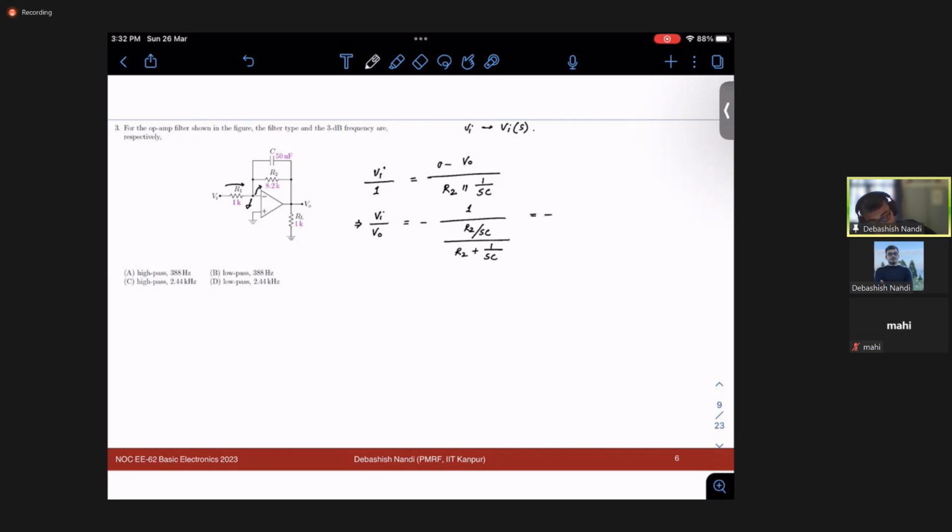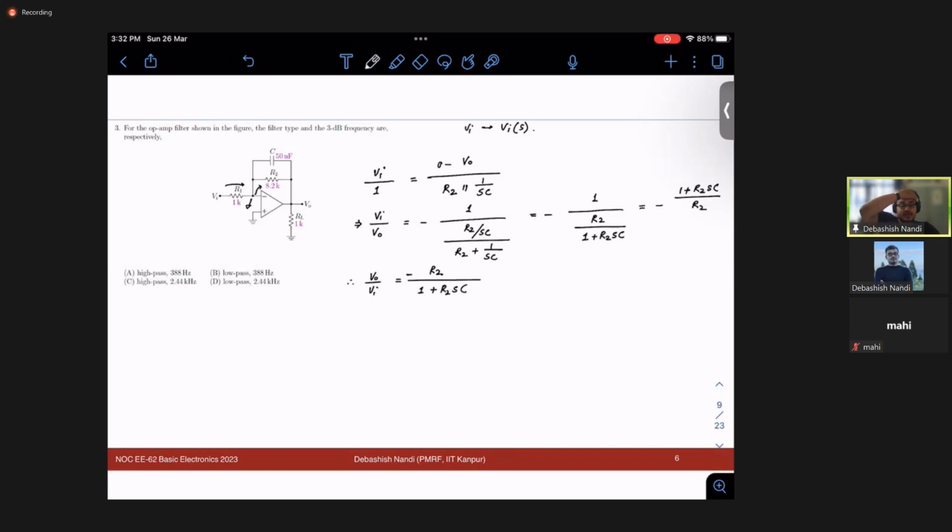Which is nothing but R2 by 1 plus R2 SC. That is nothing but 1 plus R2 SC over R2. So what is your Vo by Vi? Your Vo by Vi is nothing but R2 over 1 plus R2 SC with a minus sign.